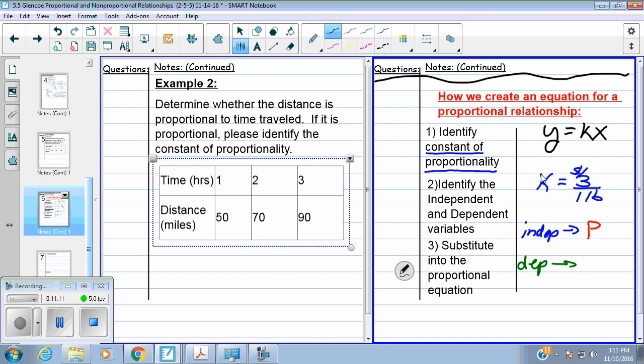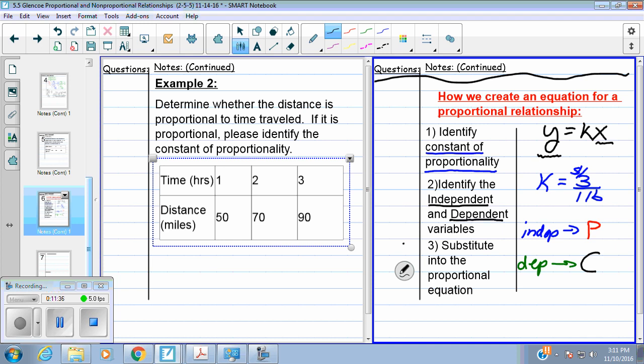We're going to call the dependent variable C for cost. And you saw in the first part of the lesson, on the front part of the note, that y is the dependent and x is the independent. So since we've already figured out our constant of proportionality, we know what the independent is in this problem. We know what the dependent is.